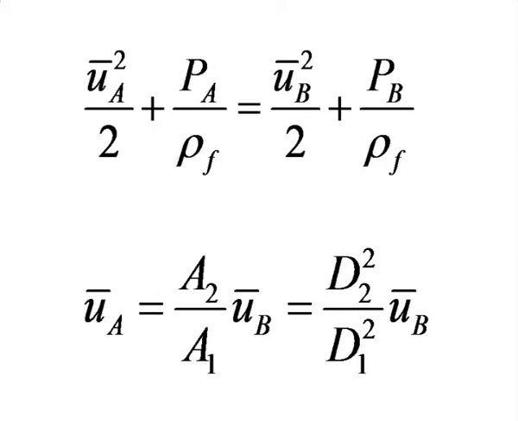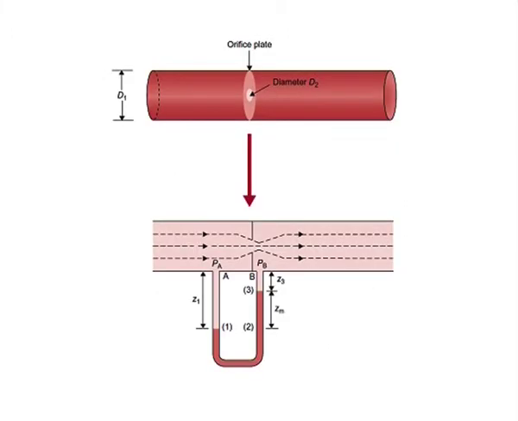Therefore, UB bar square divided by 2 plus PB by rho F is equal to D2 by D1 whole to the power 4 into UB bar square divided by 2 plus PA by rho F. This equation allows computation of velocity at location A from the pressure difference PA minus PB and the diameter of the pipe or tube D1 and the orifice diameter D2.